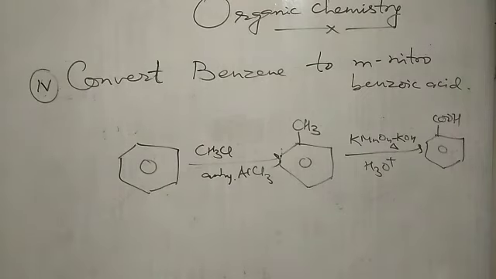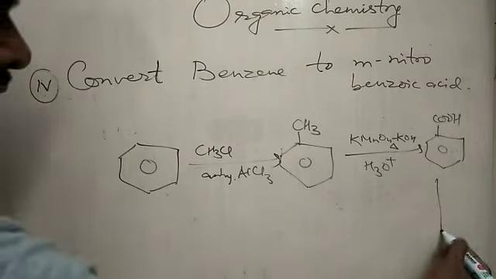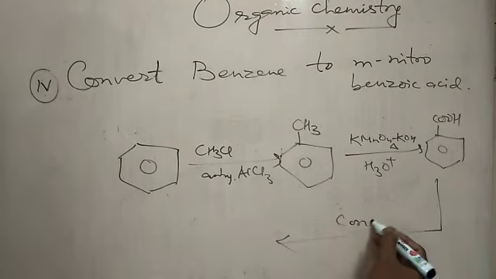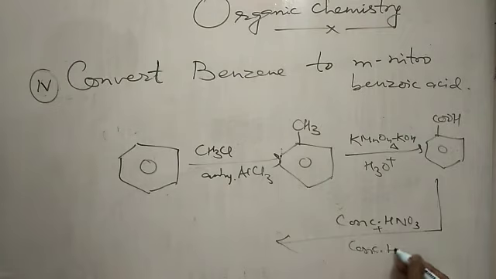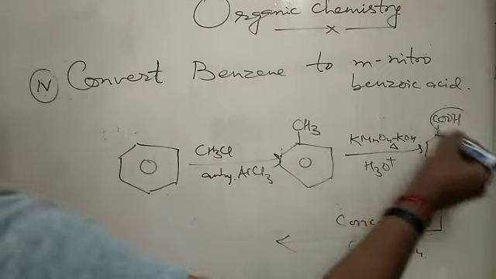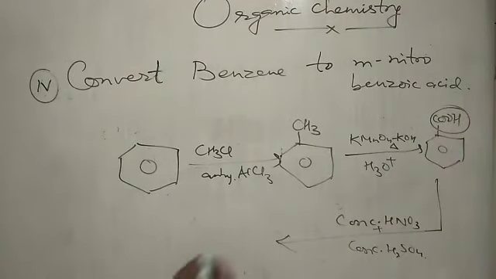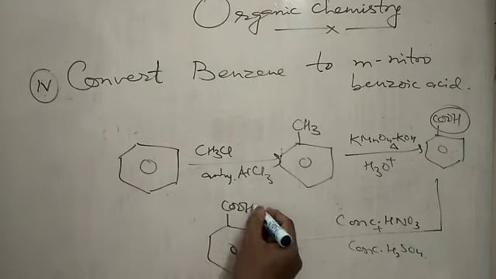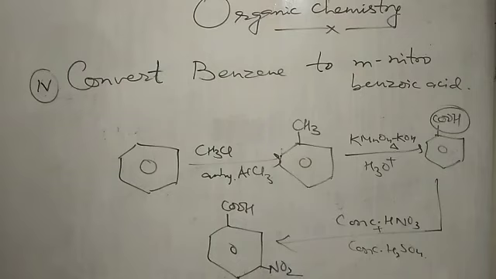Now this benzoic acid undergoes nitration, conc HNO3, conc H2SO4. So it forms meta-nitrobenzoic acid because the COOH group is a meta-directing group. So a nitro group comes at the meta position, so it becomes meta-nitrobenzoic acid.